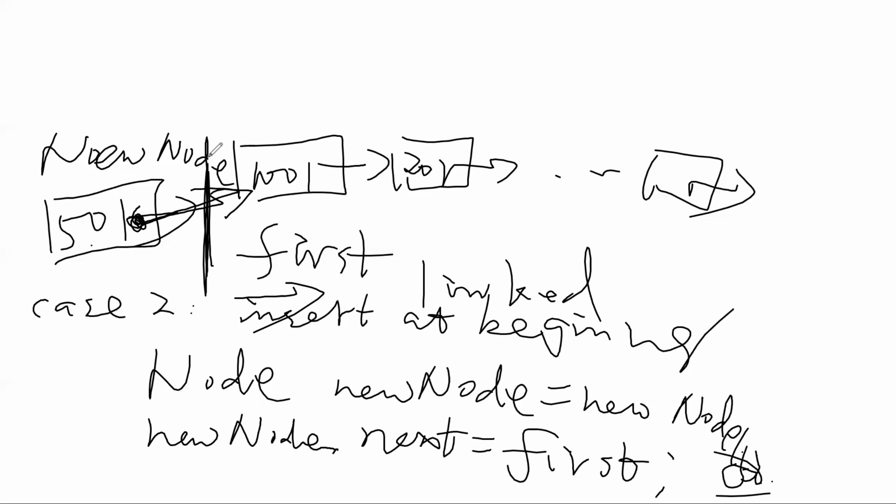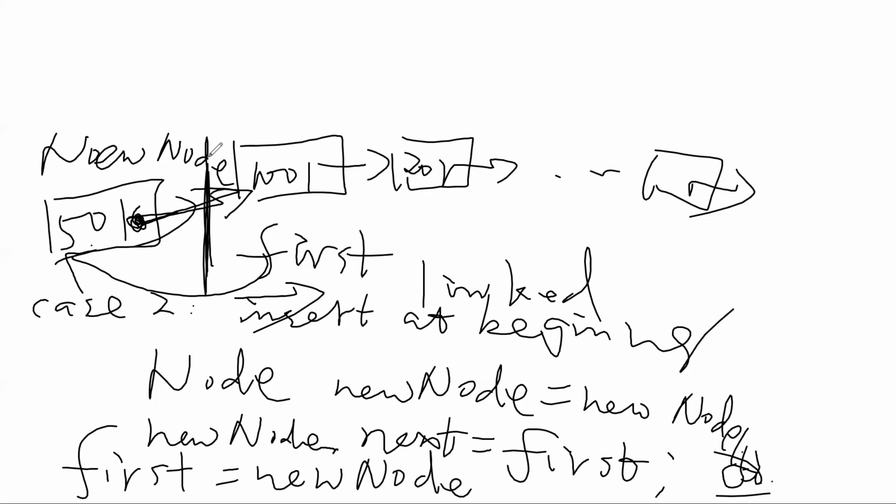And if you do want to update your linked list, then you need to reset first to the new node. Okay, then in this case, you got the new node added to the front of the linked list.